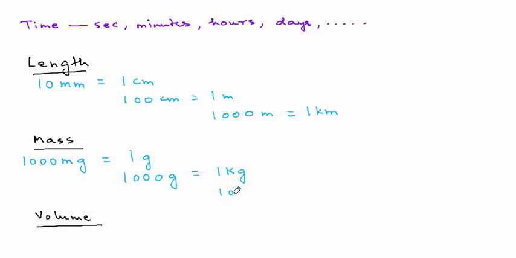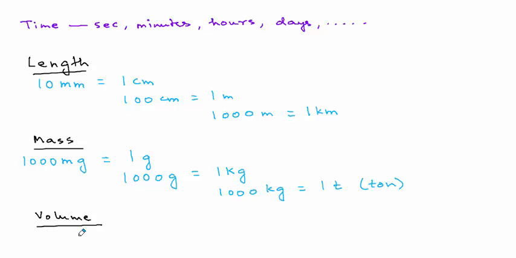And similarly, 1000 kilograms, it's a huge mass, is as much as 1 ton. So obviously on this list, the ton is the largest unit and the milligram is the smallest unit.